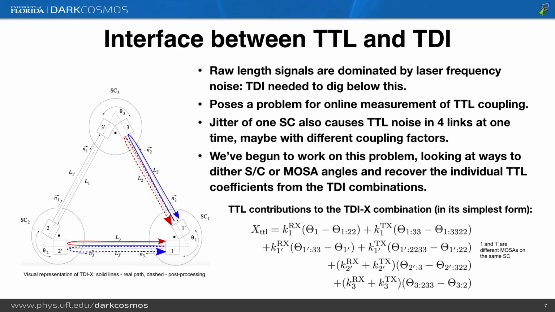Here we show the TDI-X combination in its simplest form. The challenge now is to disentangle the different TTL coefficients, written here as K factors, by performing certain spacecraft maneuvers and analyzing the results. This can be complicated though, because the signals accompanying the TTL coefficients will all be correlated.